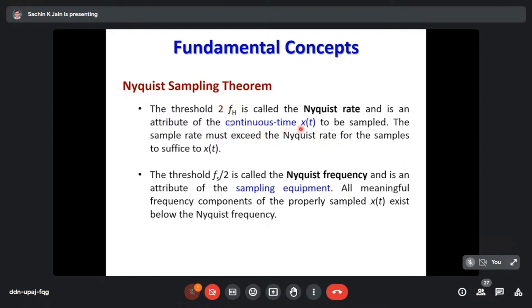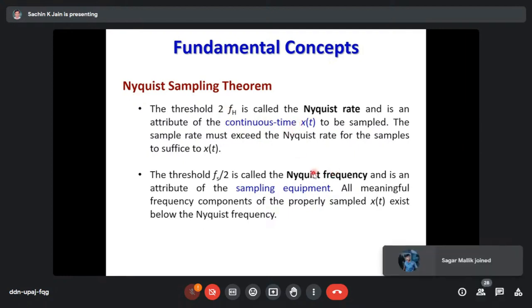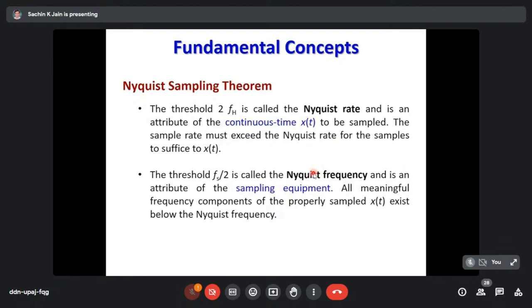Whereas Nyquist frequency is a parameter or attribute of the sampling equipment that you are using to sample it. How high a frequency can it faithfully represent? That threshold is defined as fs by 2. It means the sampling equipment can faithfully represent frequencies up to fs by 2. I hope this is clear.